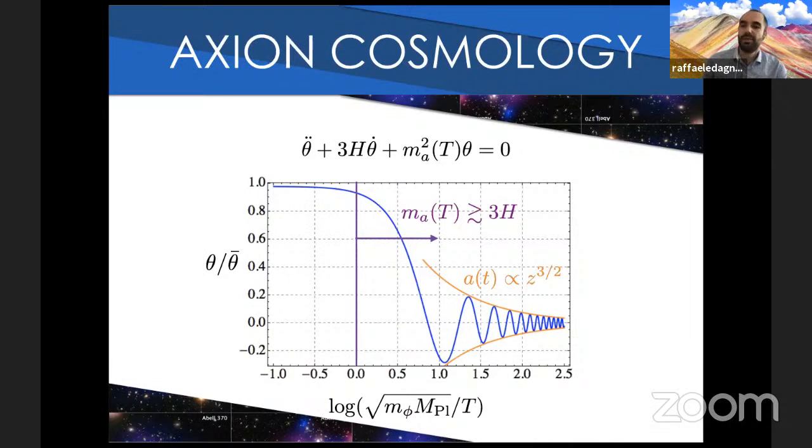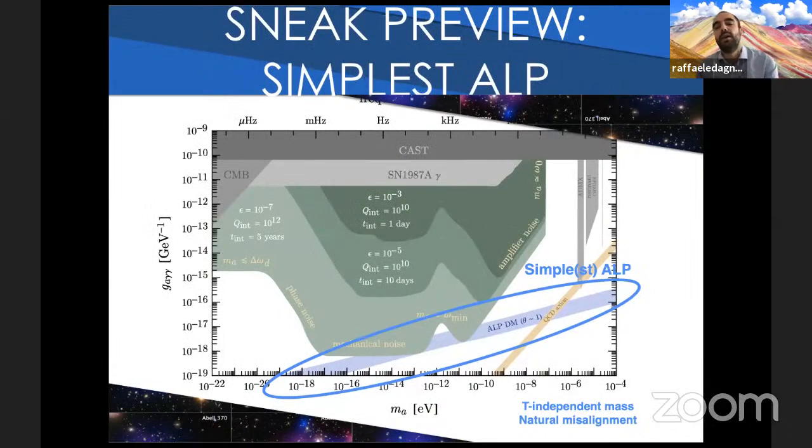So this is a simple story for how the axion might be produced and give you the observed relic density today. And if I imagine order 1 misalignment, so I'm not tuning anything, and I further imagine that the potential of this pseudoscalar exists from the beginning, so it's not turning on with QCD, then this defines my blue line.